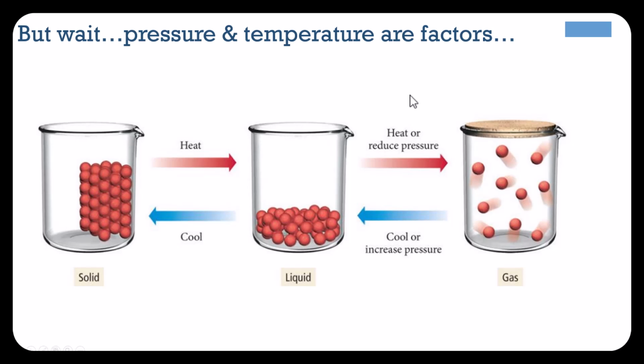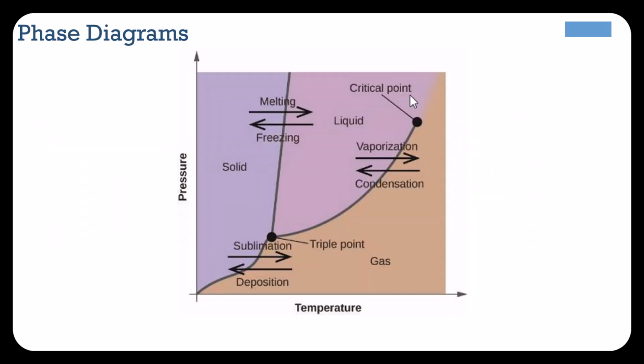So the last thing that we're going to do before we move forward from this chapter is talk about something called a phase diagram, which takes into account this pressure and temperature all in one. We're going to talk about all the different parts of this phase diagram and just make sure you guys are familiar with each of them.